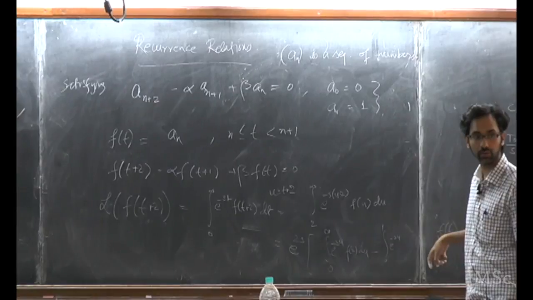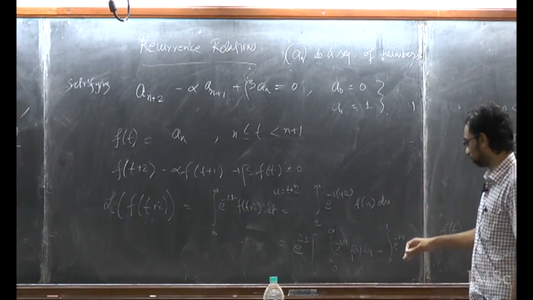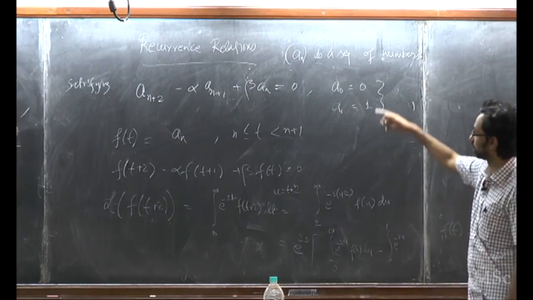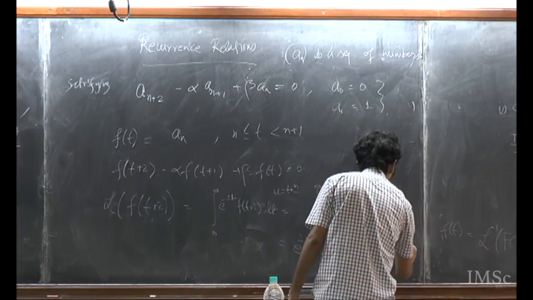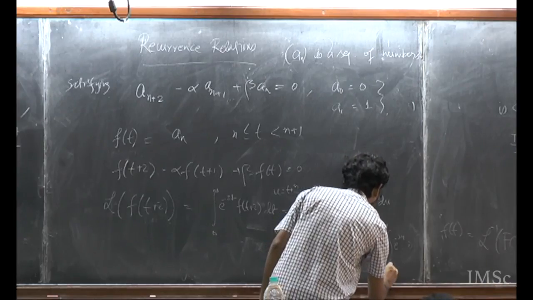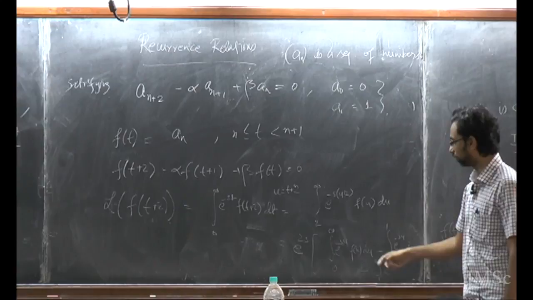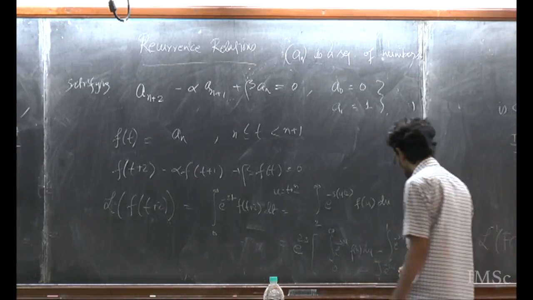I will add again from 1 to 2 because it's different from 0 to 1 and 1 to 2. So you will have two integrals. But the first one is 0 because a0 is 0. There will be another integral from 1 to 2 of e to the minus su, and the value of f(t) in this interval is a1, which is 1.